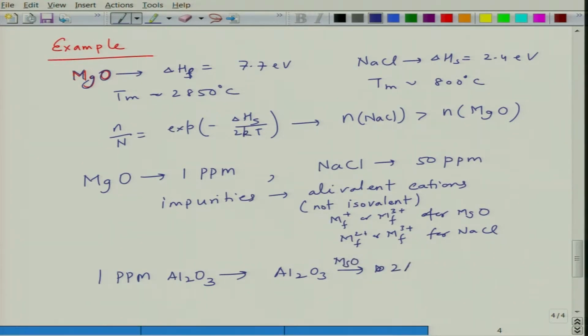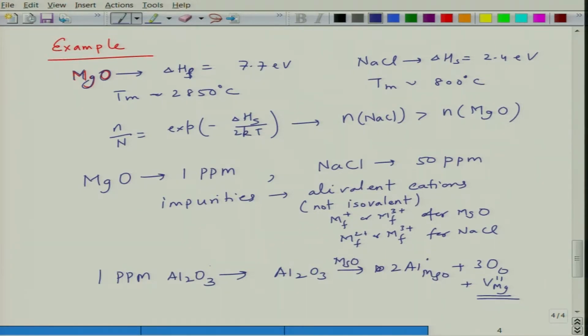Here both the aluminum atoms go to magnesium sites, all 3 oxygens go to oxygen sites, and then we create a vacancy of magnesium. So, this will be positively charged, this will be negatively charged.